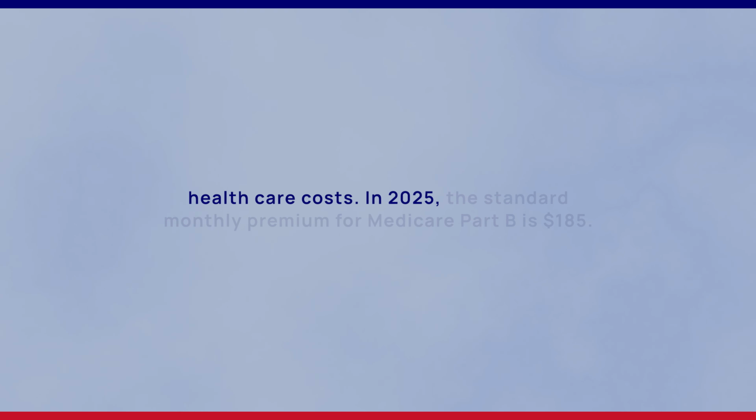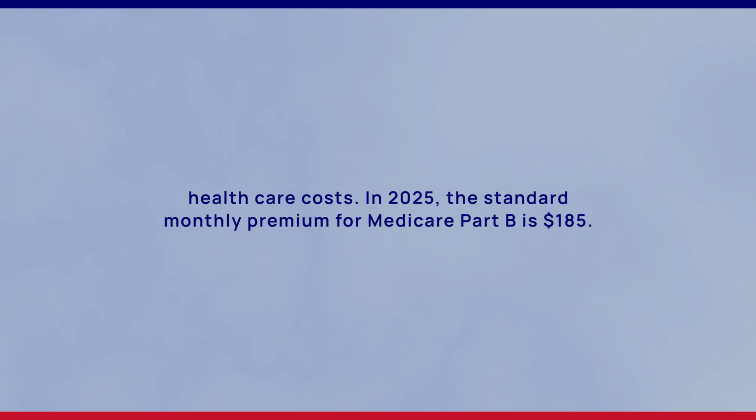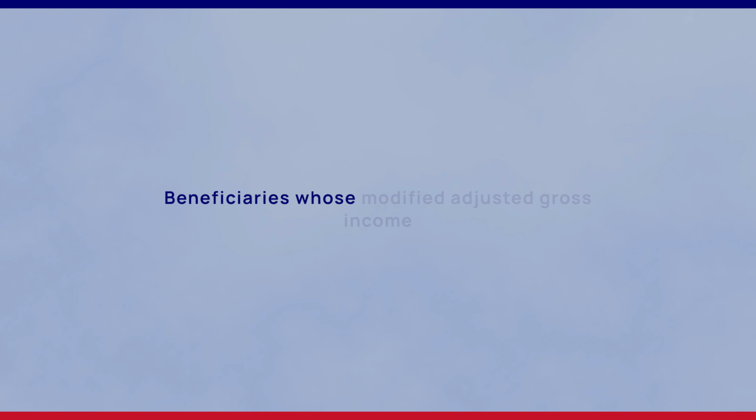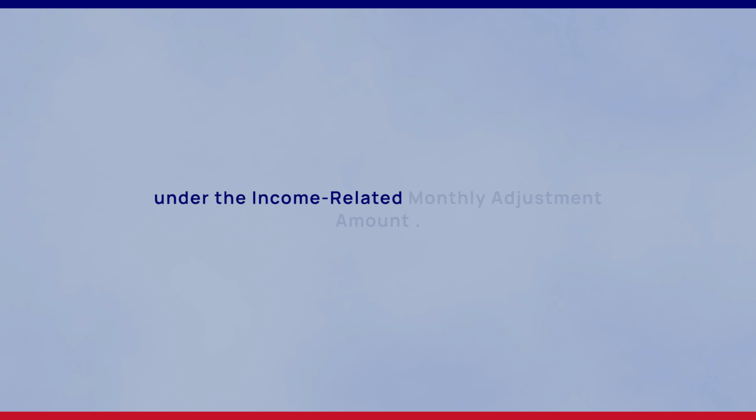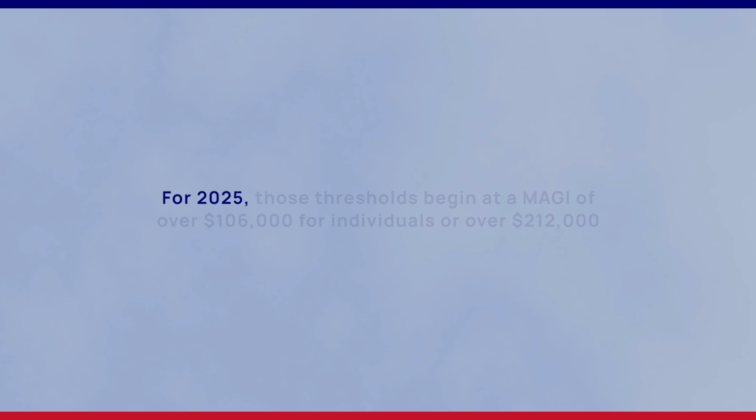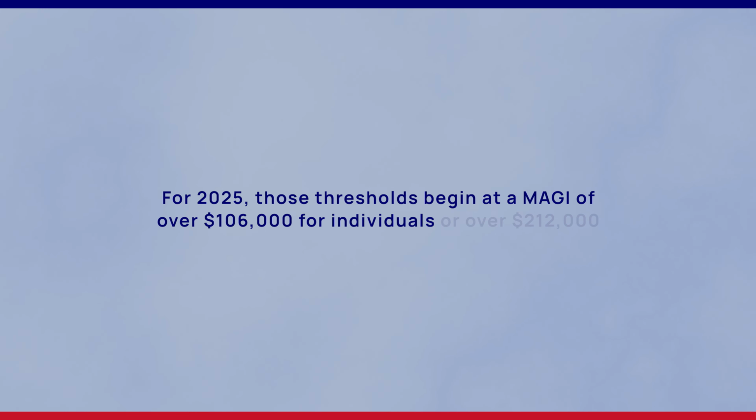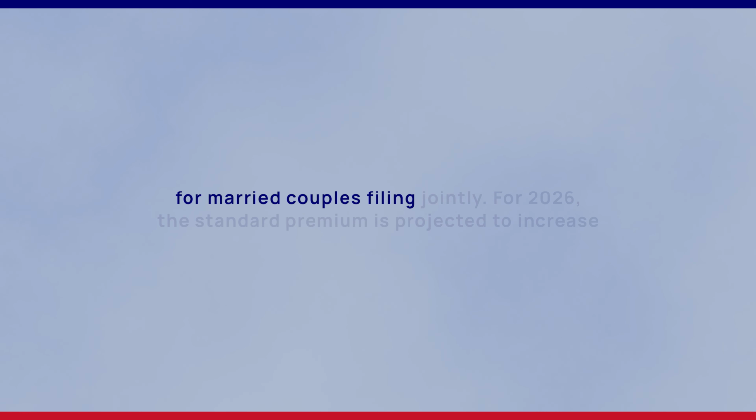In 2025, the standard monthly premium for Medicare Part B is $185. Beneficiaries whose modified adjusted gross income, MAGI, from 2 years earlier exceeds certain thresholds pay more than the standard premium under the Income-Related Monthly Adjustment Amount, IRMAA. For 2025, those thresholds begin at a MAGI of over $106,000 for individuals or over $212,000 for married couples filing jointly.